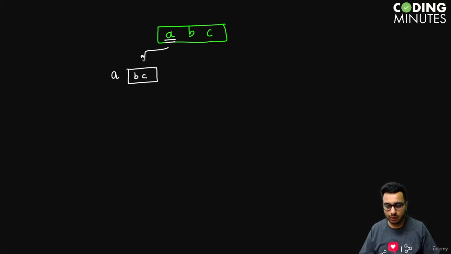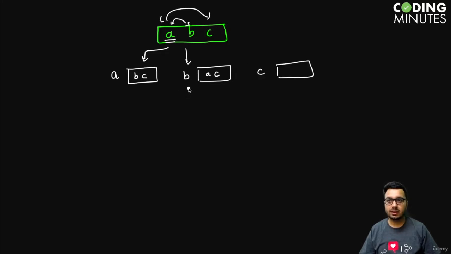That could be one path. Another path could be, okay, no, let us put b at the first place and let us try to find permutations of the smaller string, that is ac. So we swap b with a, or maybe let us swap c with a. C comes to the first place and let us try to find permutations of the smaller string, that is ba.